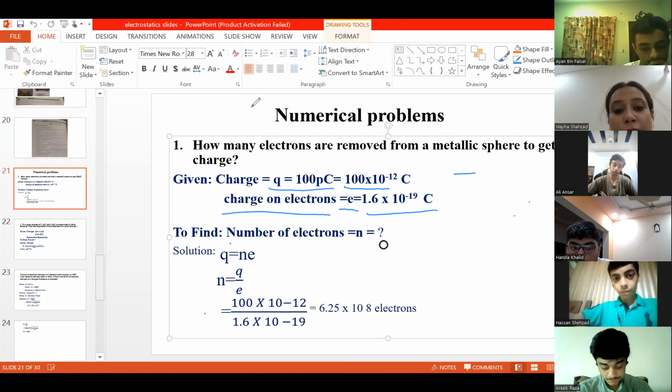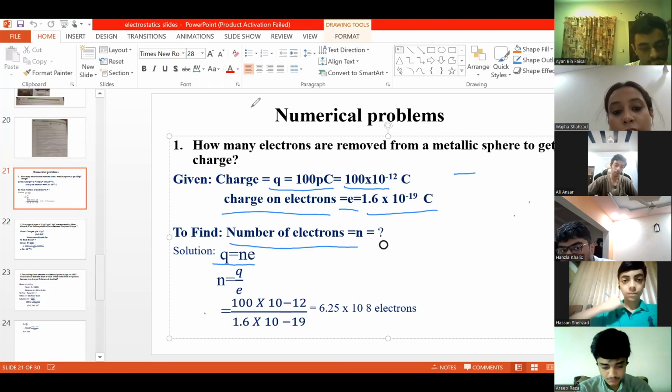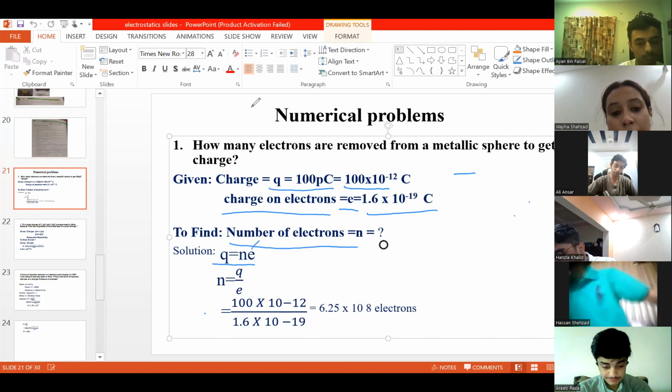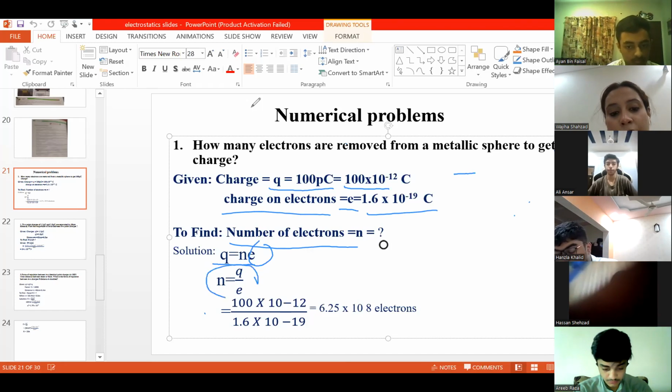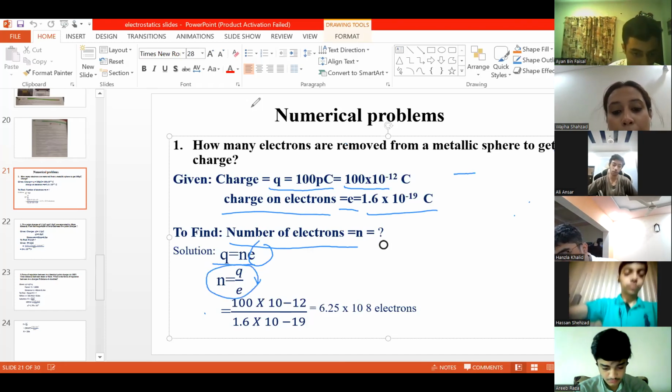And we have to find out the number of electrons. So we know that Q is equal to number of electrons into e, that is Q equals n e. We have to find out the value of n. So bring this e to the other side. So n is equal to Q by e. Put the values in this formula: 100 multiplied by 10 power minus 12, divided by the charge on an electron, 1.6 into 10 power minus 19.